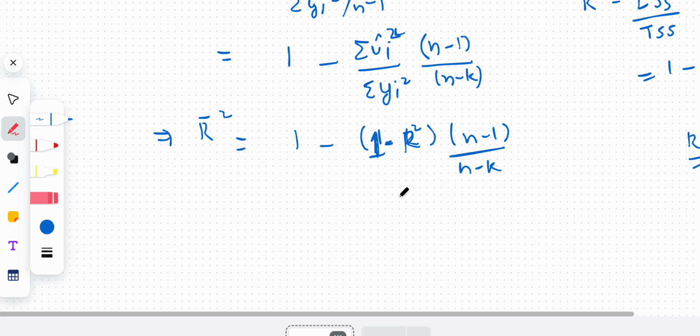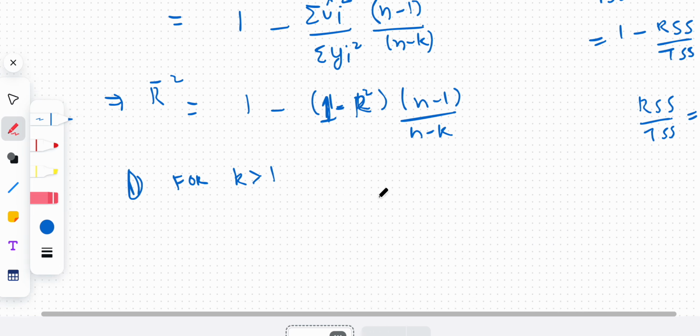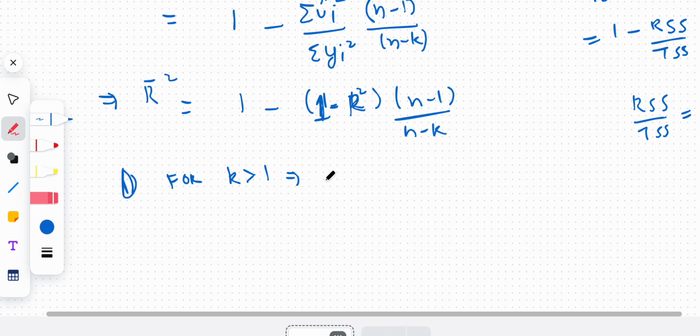Right. Now from this I can derive two conclusions. For k greater than 1, is adjusted R square less than... Sorry, I made it wrong. I got confused by my own handwriting right now.